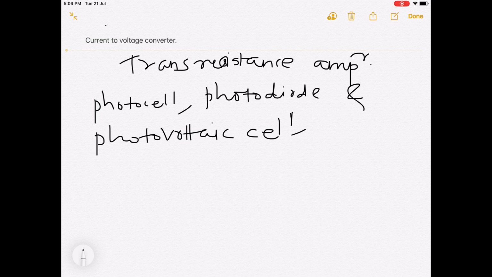Means when light falls on this type of device, that light energy or radiant energy is converted into voltage. For conversion into voltage, we require a current to voltage converter in such applications. So, current through these devices can be converted to voltage by using a transresistance amplifier, and thereby the amount of light or radiant energy incident on the photo device can be measured.